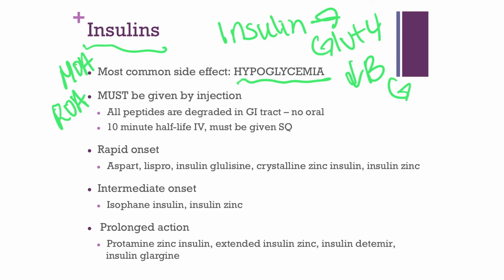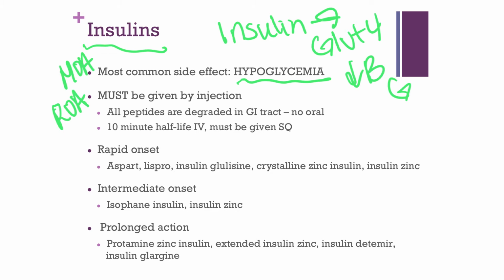Subcutaneous into the adipose tissue is a really great way to prolong the activity of the insulin in the body, just because that's a nice place where it is not as soluble as the rest of the body, but also has enough blood flow to allow quick activity. So all of these are going to be given by injection, no oral. They shouldn't enter the GI tract in any way.